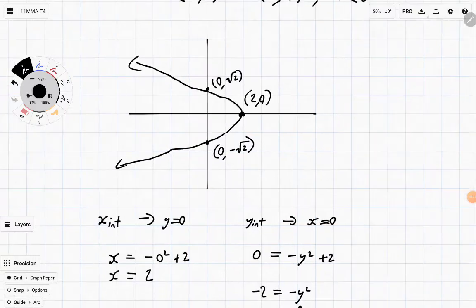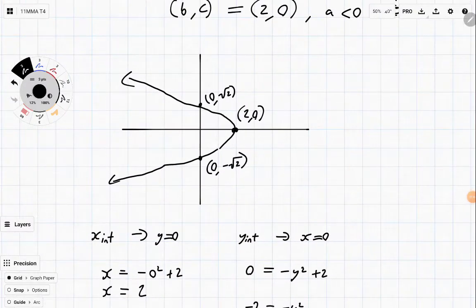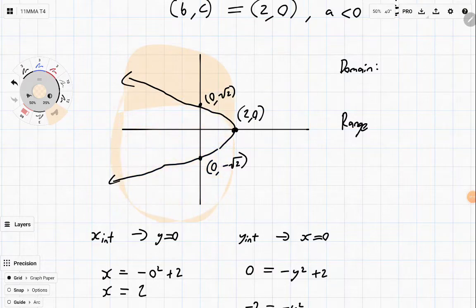The only other thing we should probably do is talk about domain and range. Now for this function, the domain is actually the most restricted thing. We have got x values up to the turning point. So we can cover all of this space, but we cannot go past the turning point.